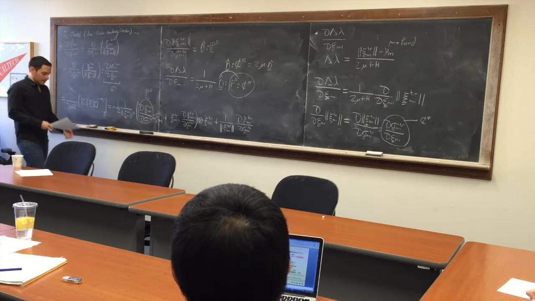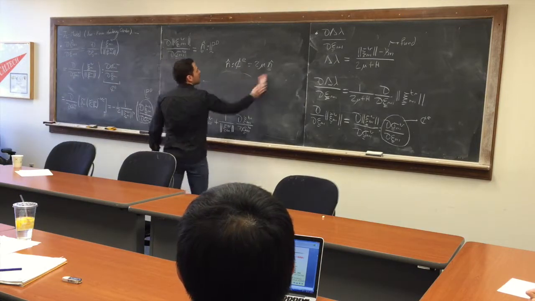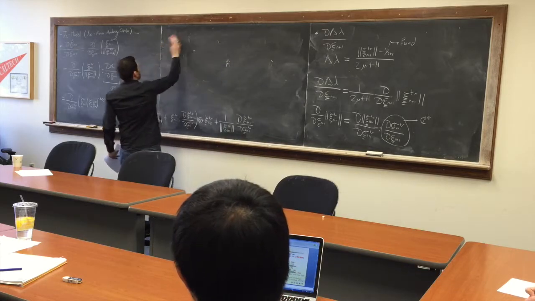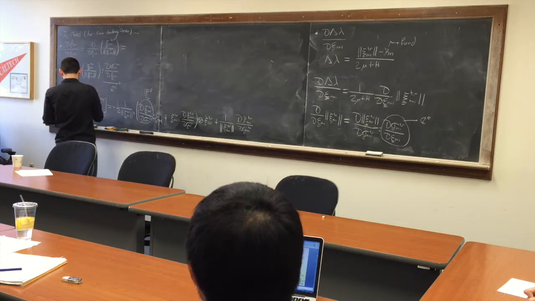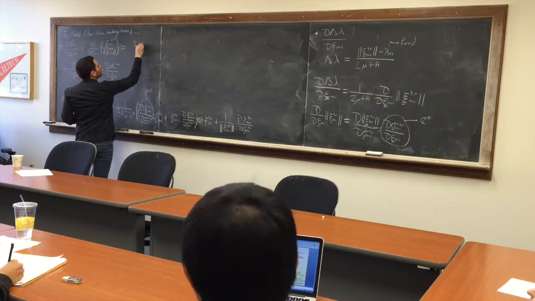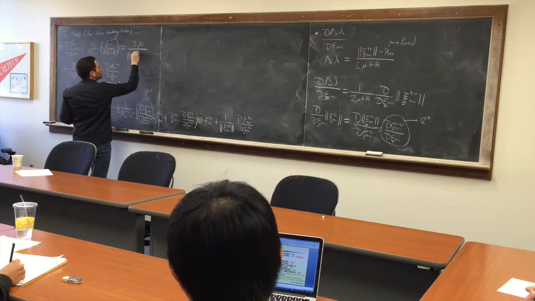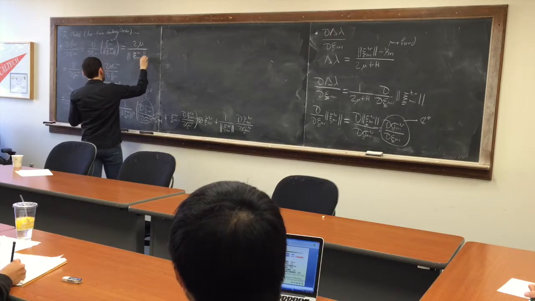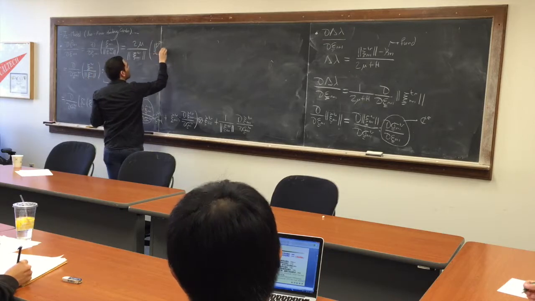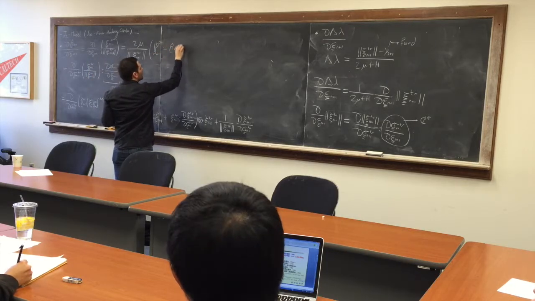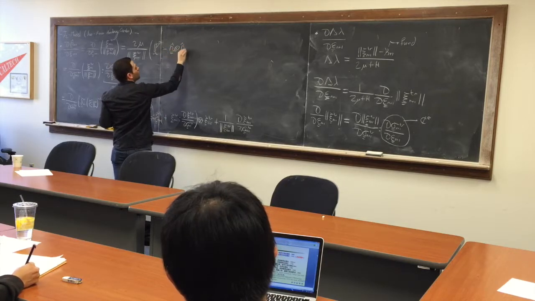Right? And so, wrapping things up, we end up with this being equal to 2 mu, you know this is n plus 1.